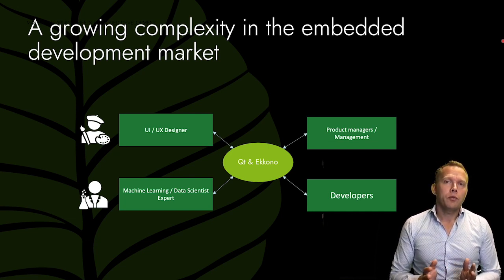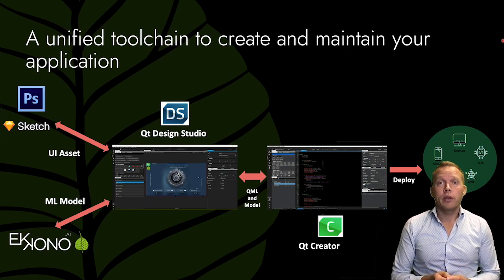Qt Design Studio already has plugins for design-related applications, including Adobe Photoshop and Apple Sketch. And this enables you to import artwork into the studio and at the same time generate reusable QML code.